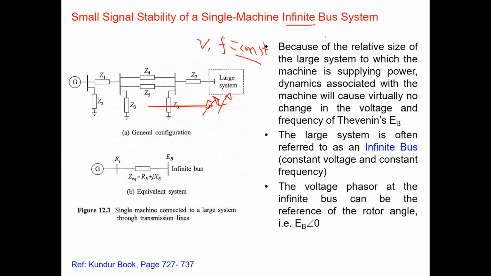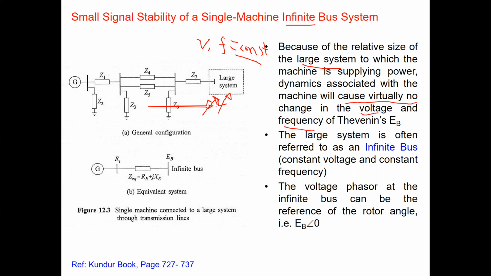Theoretically, we say that is our infinite bus system, where whenever there is a change in the generation and the load, we are able to maintain the voltage and frequency constant. So it is a relatively large size network for which there is no change in the voltage and frequency.